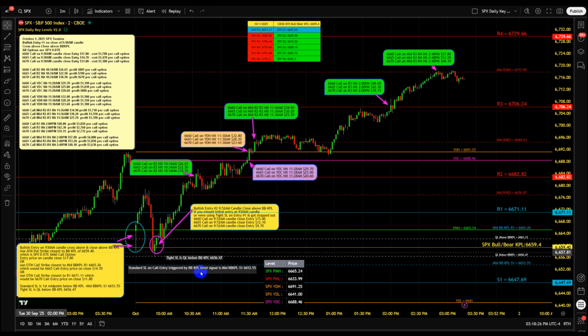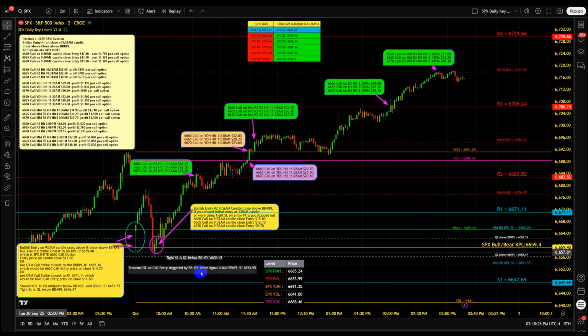It's recommended that in most cases you use the standard stop loss. However, we do also provide a tight stop loss level for those people that prefer to use tight stop losses as opposed to the standard stop losses. But you just have to keep in mind that in a lot of cases, the tight stop loss, since it is going to be closer, is going to have more of a chance of getting hit.